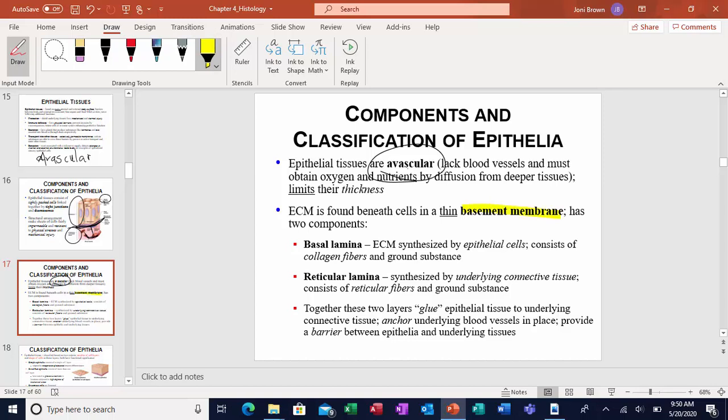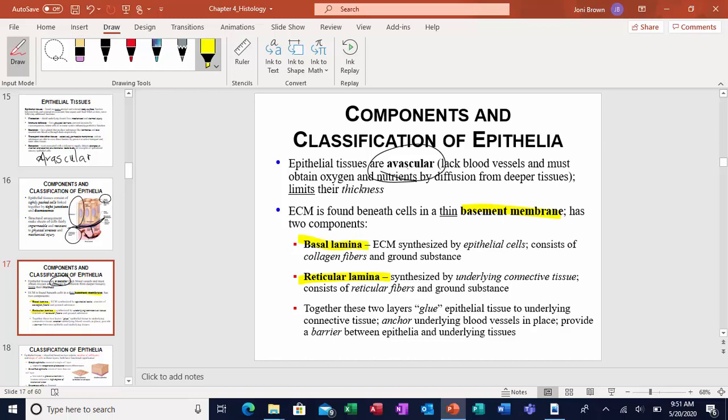And that basement membrane has two parts. It's got the basal lamina, that's made by the epithelial cells, and it's going to make collagen fibers and ground substance. And then it also has the reticular lamina that's made by the connective tissue that's underneath, and it will make reticular fibers and ground substance.